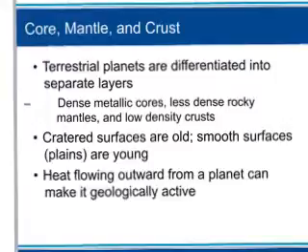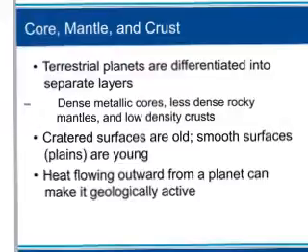The cratered surfaces on the planets are very old, and then the plains, like when we talk about the plains of Kansas, or pretty much any of the states, the plains are referred to as very smooth surfaces, and they're actually very young, whereas the cratered surfaces are really old.